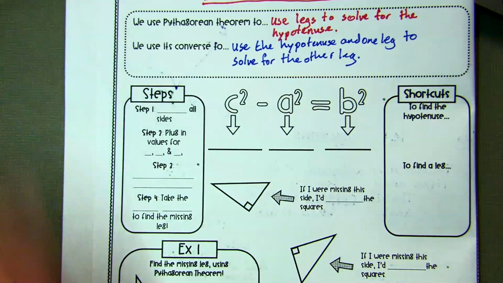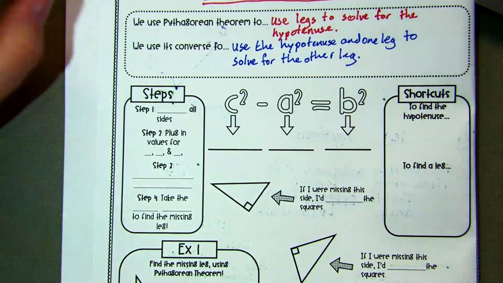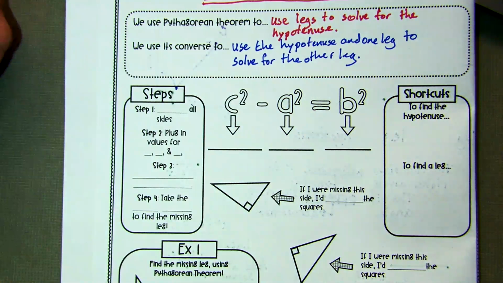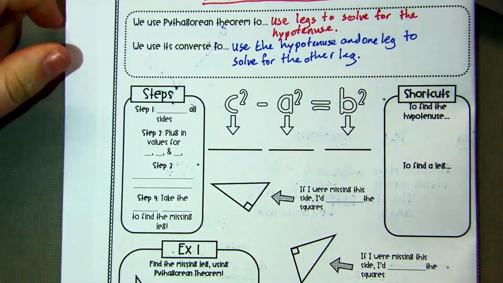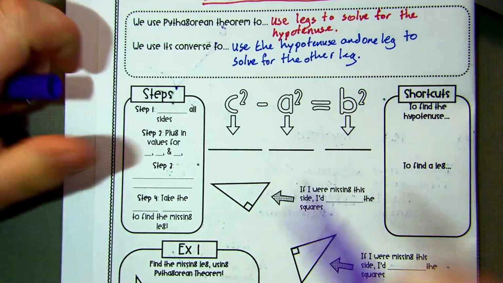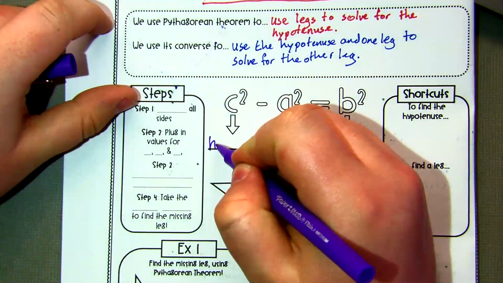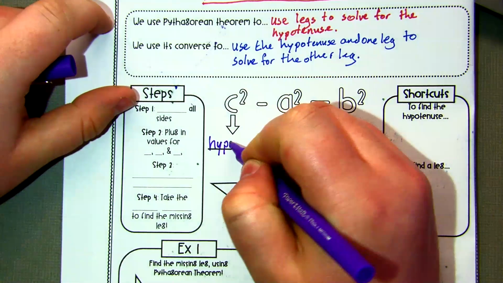Looking ahead to our next little chunk of the page, we're going to fill out our blanks first. So like last time, C is going to be our hypotenuse.